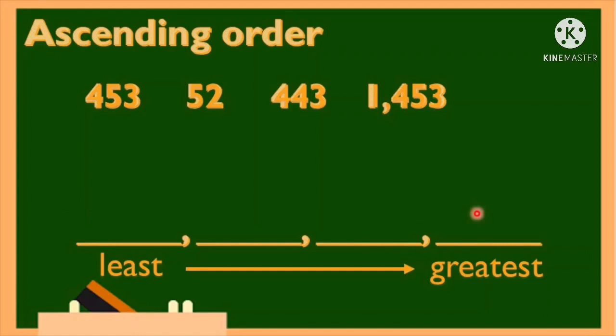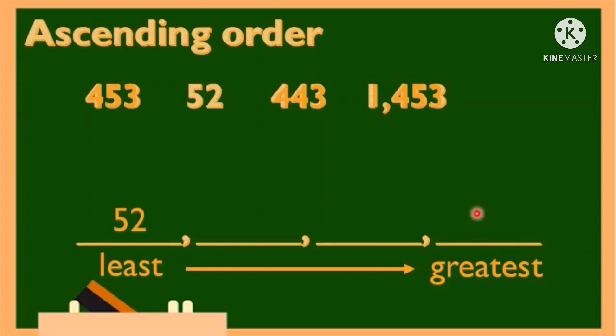Yes, of course. The number with only 2 digits. And what is the number? 52. Very good. So 52 will move to the list. Okay. How about the greatest? Yes, of course.